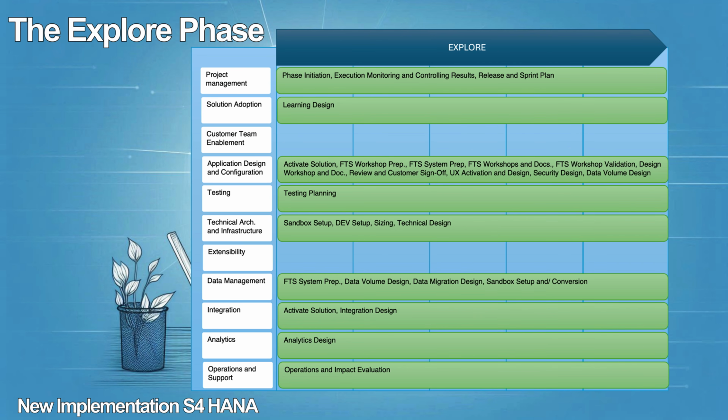Furthermore, the project team will receive the development system, ensuring its readiness before moving to the next phase of the project. Some of the deliverables across the various work streams include phase initiation, release and sprint plan, organizational change management, impact analysis, fit to standard workshop, system preparation and documentation, as well as test planning, amongst others.